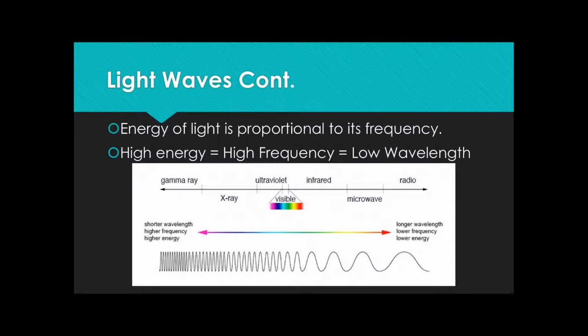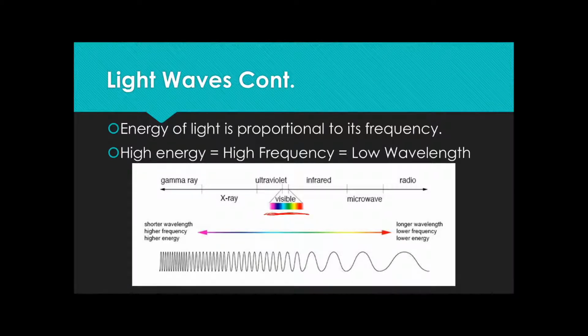So energy of light is proportional to its frequency. If it has a high energy, it has a high frequency and a low wavelength. Looking at the electromagnetic spectrum here, we're talking about the light waves. You're going to look at this visible portion right next to ultraviolet and infrared.